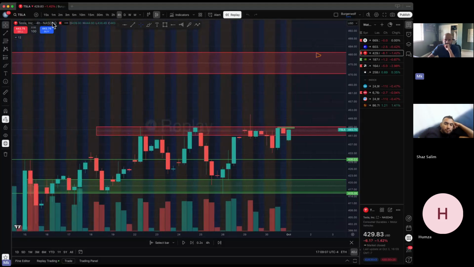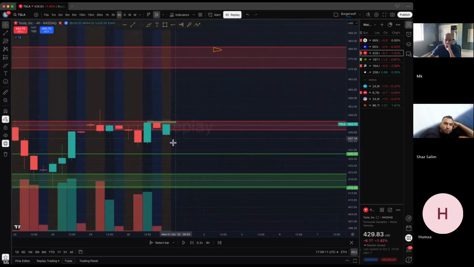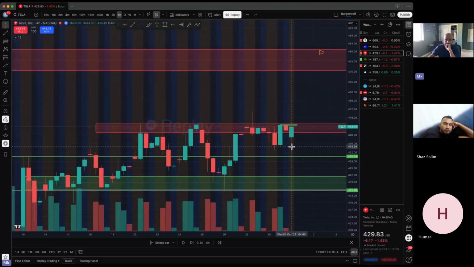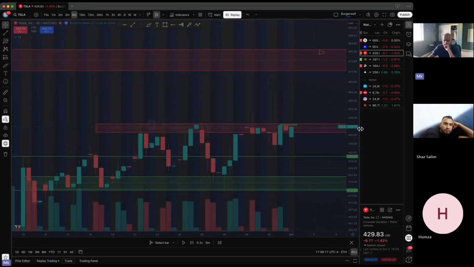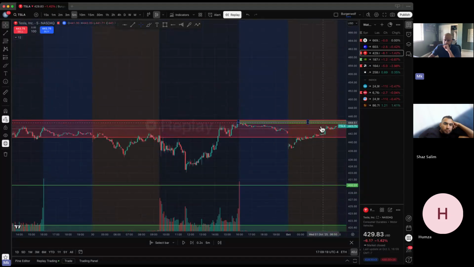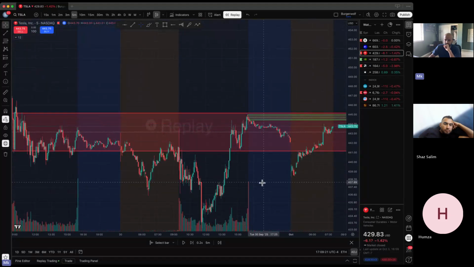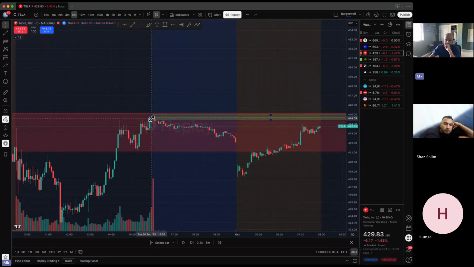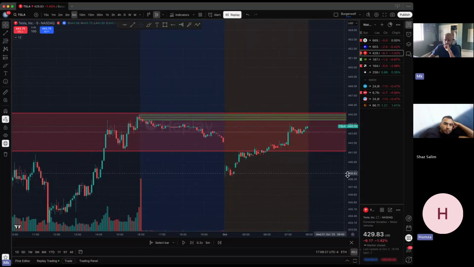So this is my resistance on, let's say today is the opening of Wednesday. This is my zone, my resistance zone. And then I drew my 1555 right here, the 1555 candle from wick to body.